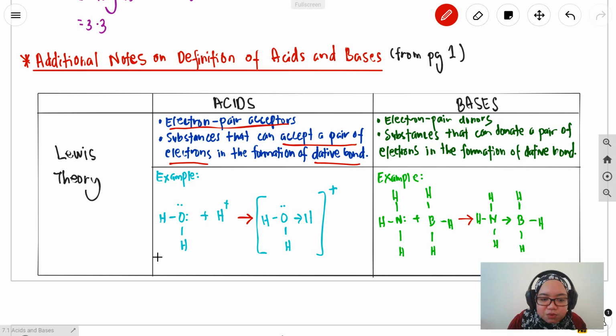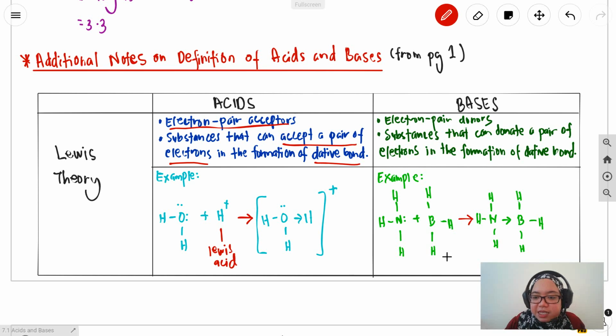So H plus here is the Lewis acid, because it can accept one pair of electrons from water in the formation of a dative bond. So H plus here is the Lewis acid according to Lewis theory.